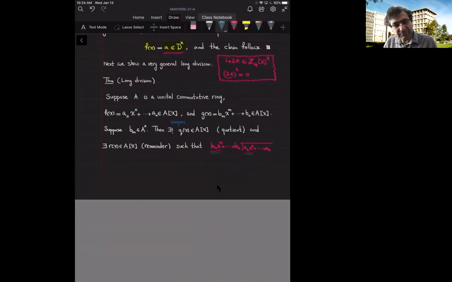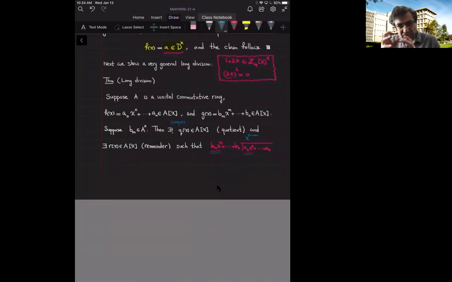So I have to match the powers of x first. That's why we needed this assumption that n should be at least m, so that I can write down x to the power n minus m, and that gives me a polynomial. n minus m is non-negative.